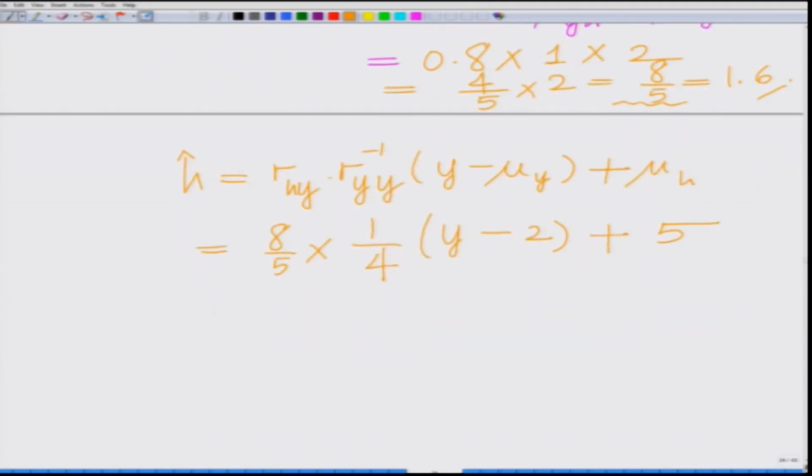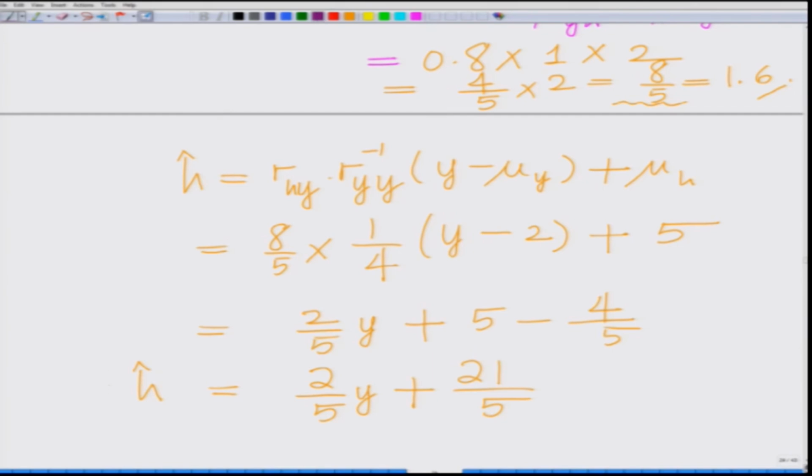What this comes out to is 2 by 5 into y minus 2, plus 5, which is 2 by 5 y plus 21 by 5.